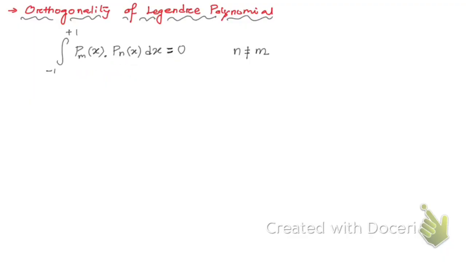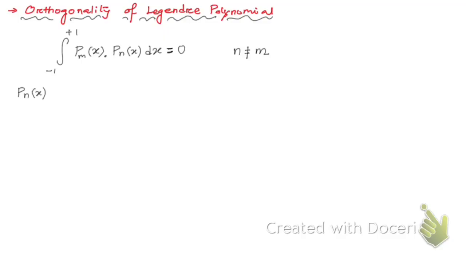Here you see what Pn of x or Pm of x actually mean. These are two solutions of Legendre's differential equation of this form.